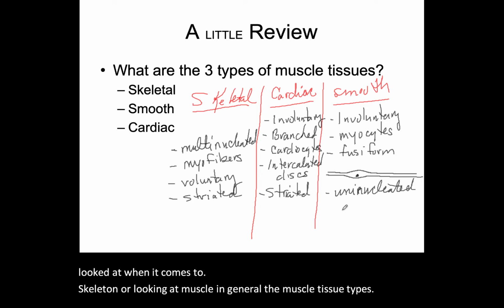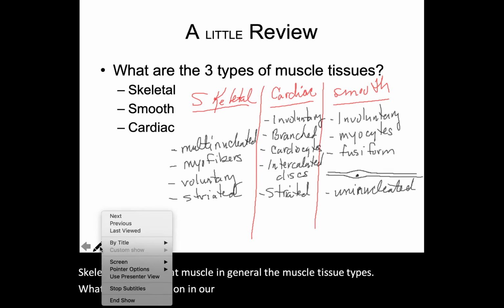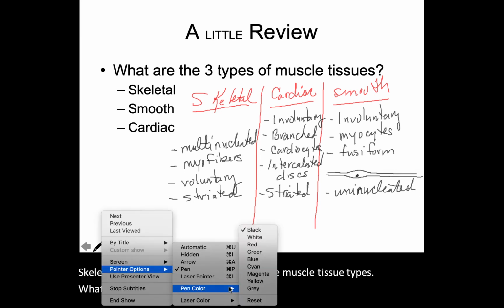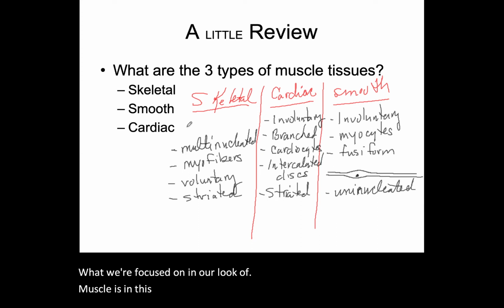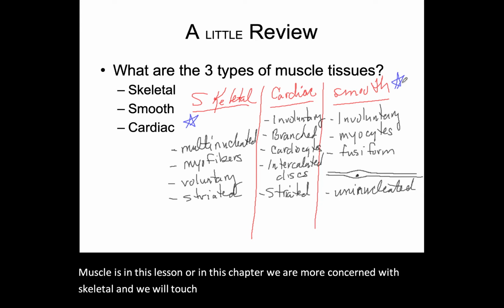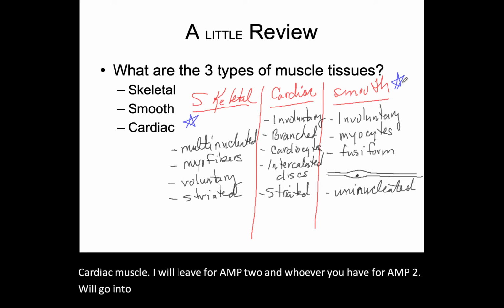What we are focused on in this lesson, or in this chapter, is more so skeletal muscle, and we will touch on smooth muscle. Cardiac muscle I will leave for AMP2 and whoever you have for AMP2. We'll go into more detail at that time.